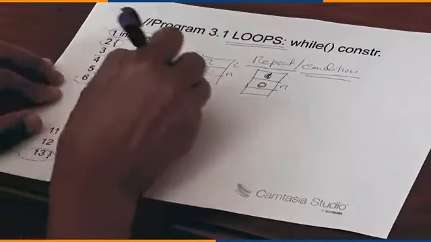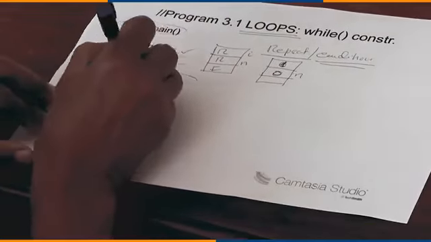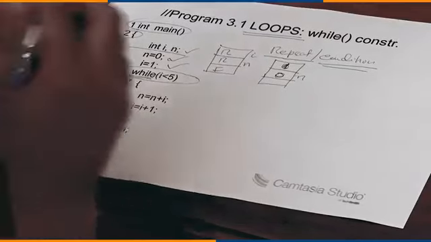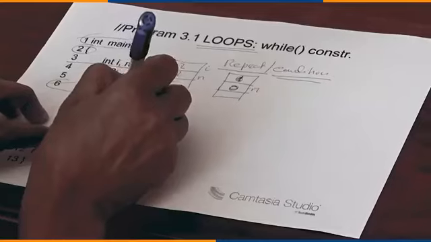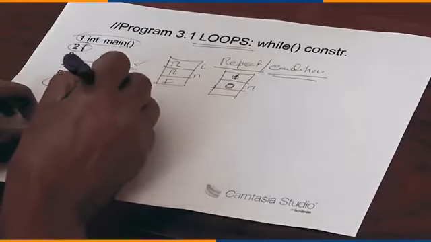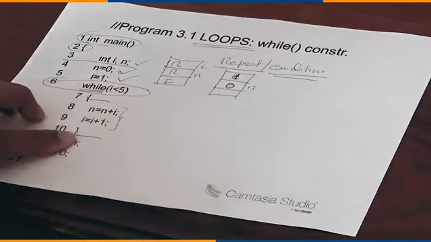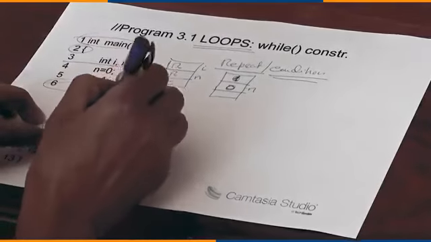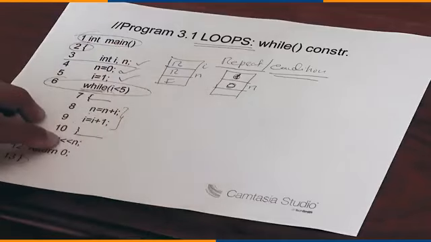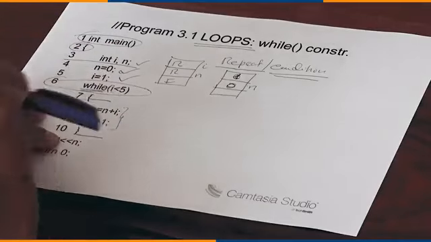Now, at line number 6, the keyword while is used to tell the computer to repeat all that is in this bracket while I is less than 5. If the value in I is less than 5, then these two lines, line number 8 and line number 9, will be done repetitively.